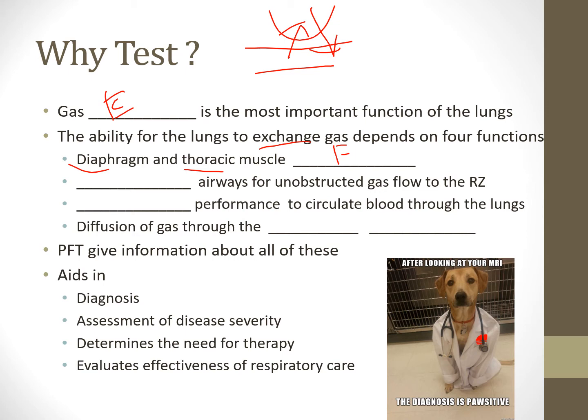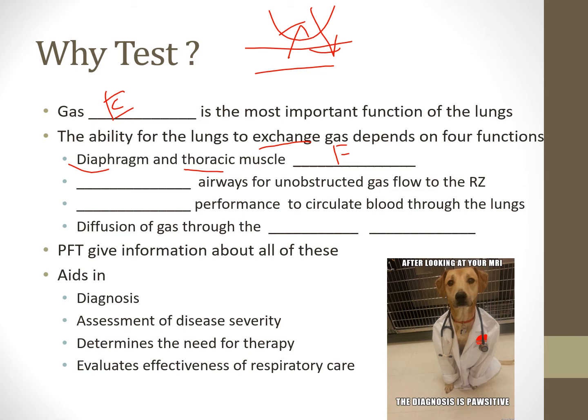Their muscles, their diaphragm and their accessory muscles are not going to be strong enough to help them ventilate if we take them off the ventilator. So this is a very key part that people tend to overlook, especially when we're looking at critical care medicine. So we need good, strong diaphragm and thoracic muscles. In pulmonary function testing, guess what? It will give us information about how these muscles are functioning.